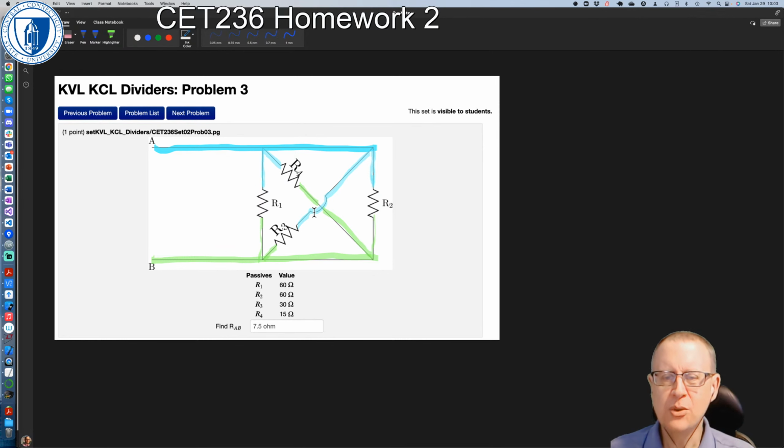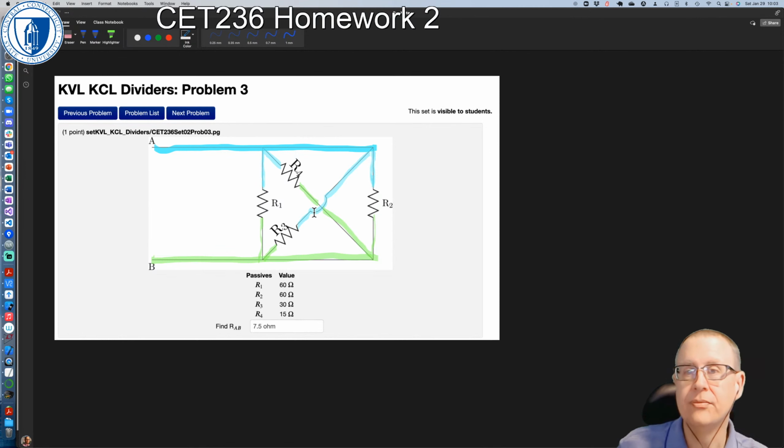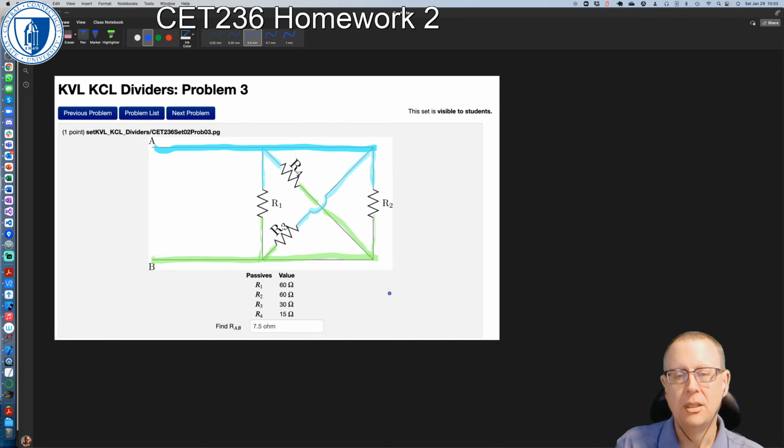And I think you'll find, if you trace through R1, R2, R3 and R4, that one side of the resistor is on the blue node, node A, and one side of the resistor is on the green node, node B. Right? So all the resistors are in parallel.